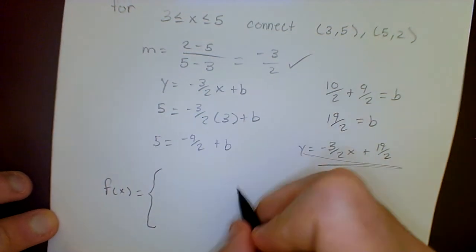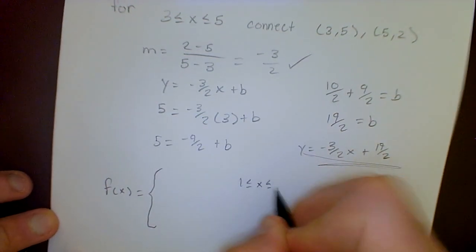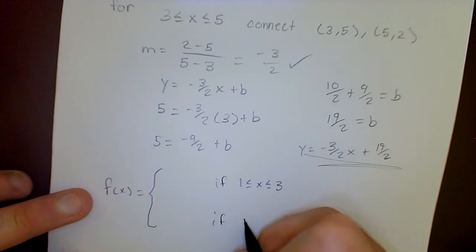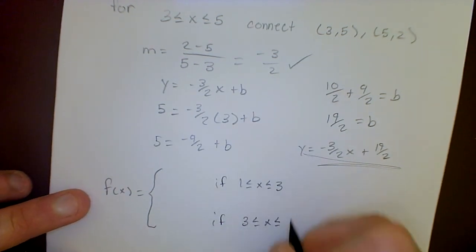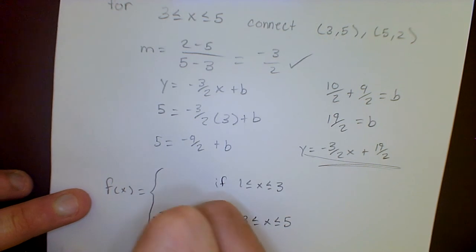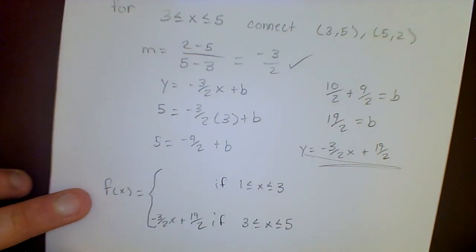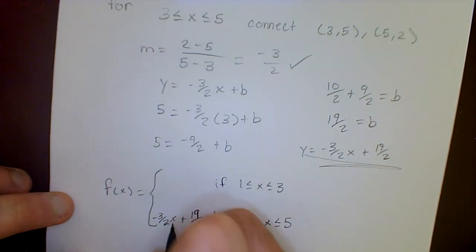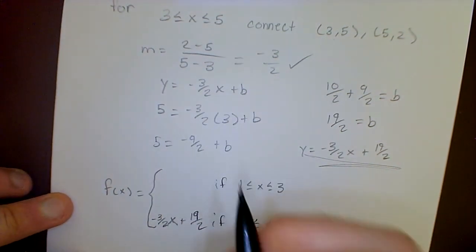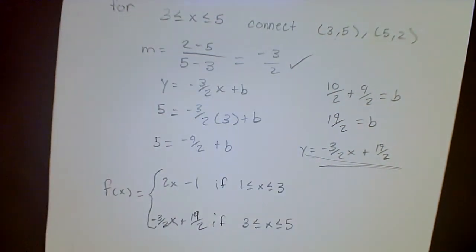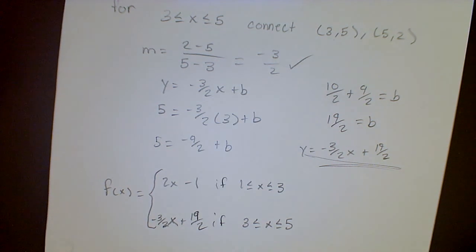If we're between 1 less than or equal to x less than or equal to 3, this one is 2x minus 1. And if we are 3 less than or equal to x less than or equal to 5, it's negative 3 halves x plus 19 halves. Okay, so that's that example.